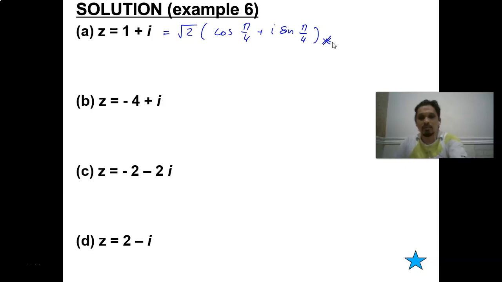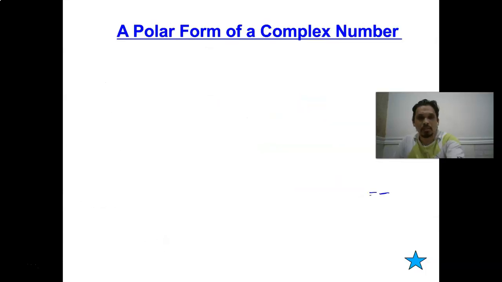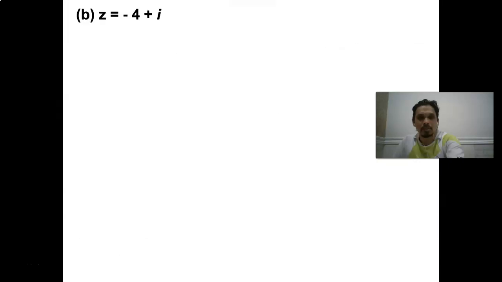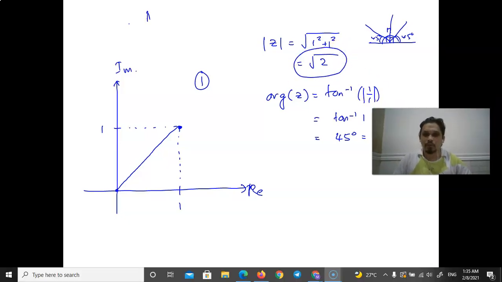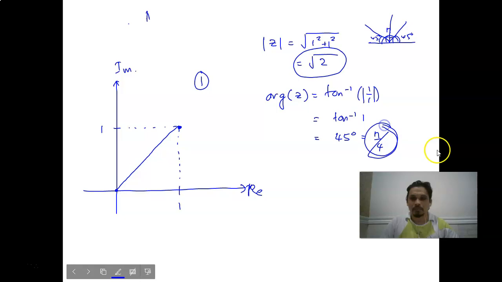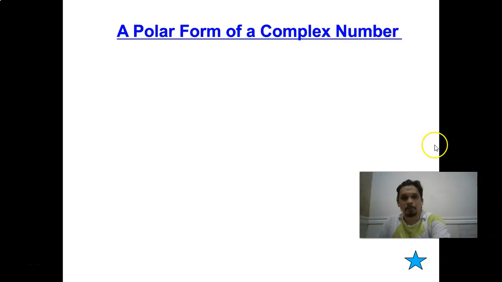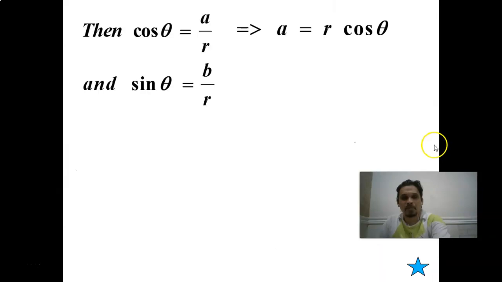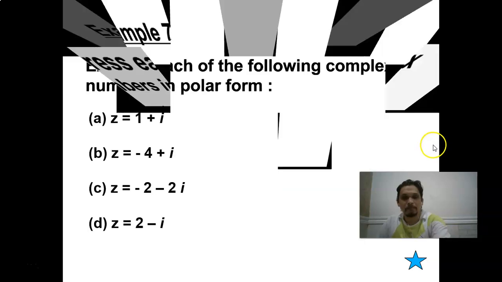Just to double check, the modulus of z is square root of 2 and the argument of z is pi over 4 here. So we just use all the answers that we got just now.